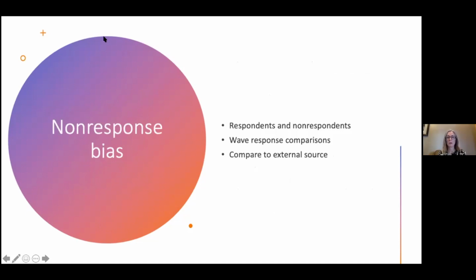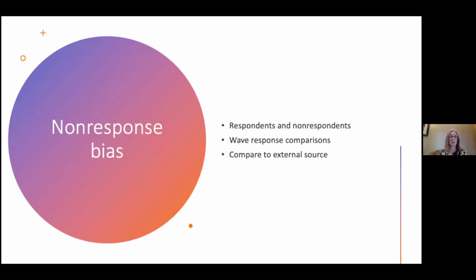So if 27% of people responded and they all responded positively, I think whatever I'm surveying about is great. Well, it may be that the 73% all thought it was horrible. They just didn't respond. And so I actually may have a completely incorrect conclusion. So you have to compare the respondents and non-respondents.